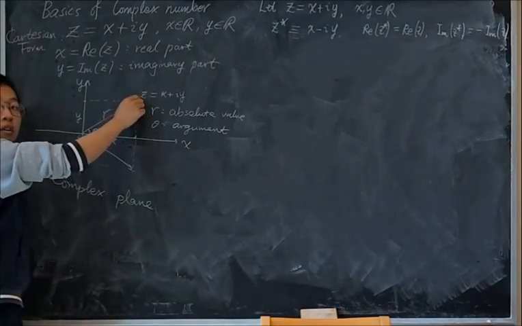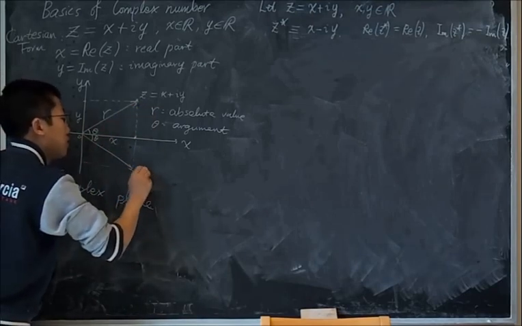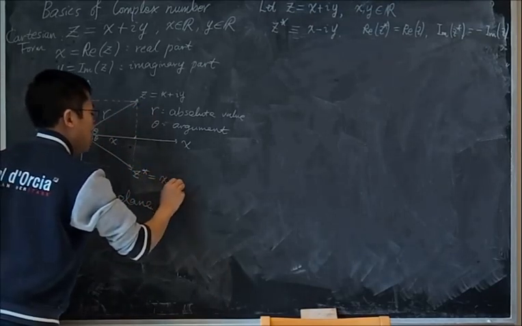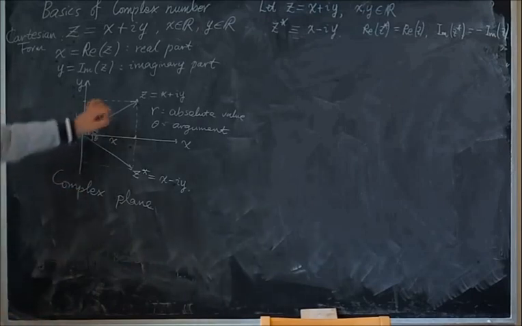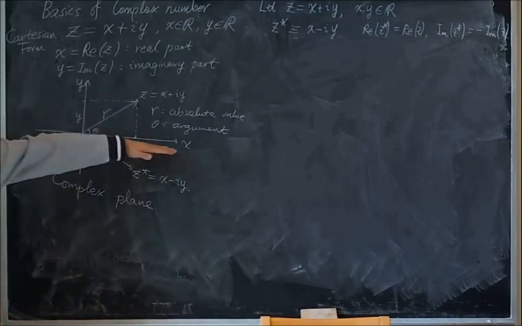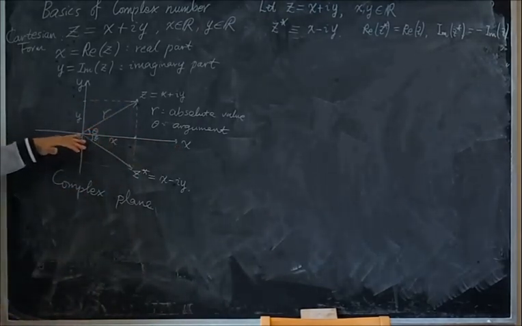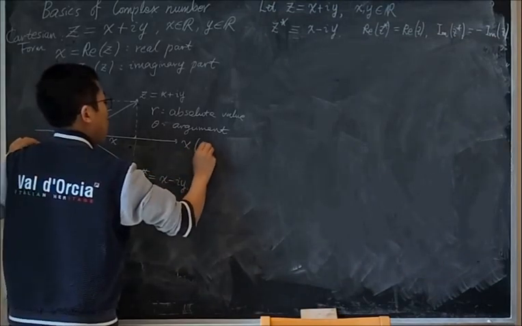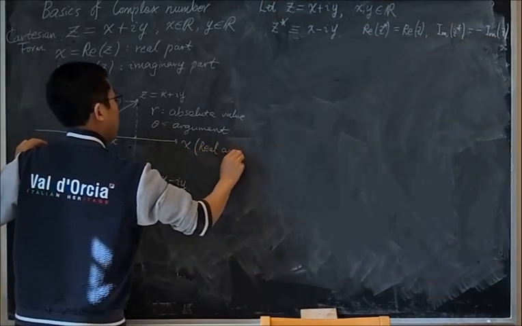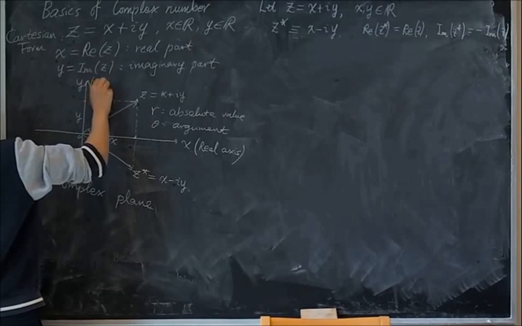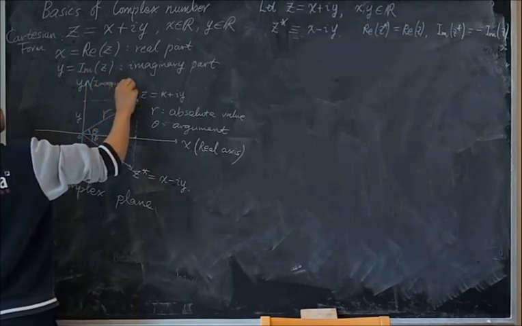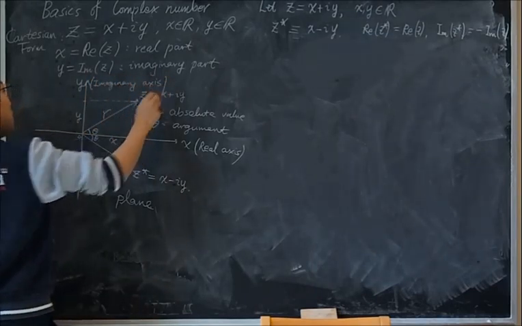If z is here, then z star, the complex conjugate, these 2 points are symmetric with regard to the x-axis, or here we may call this the real axis. Here, of course, the imaginary axis. Okay.